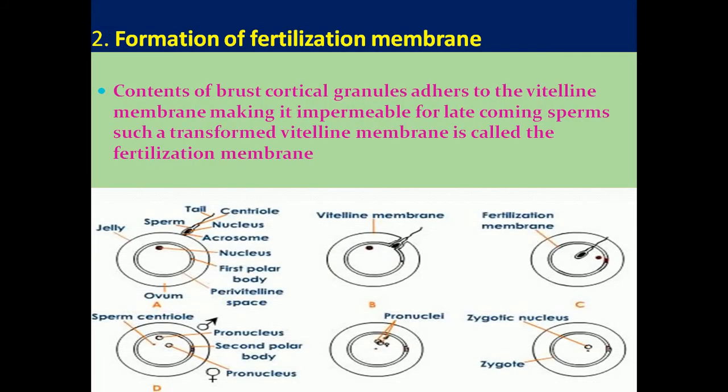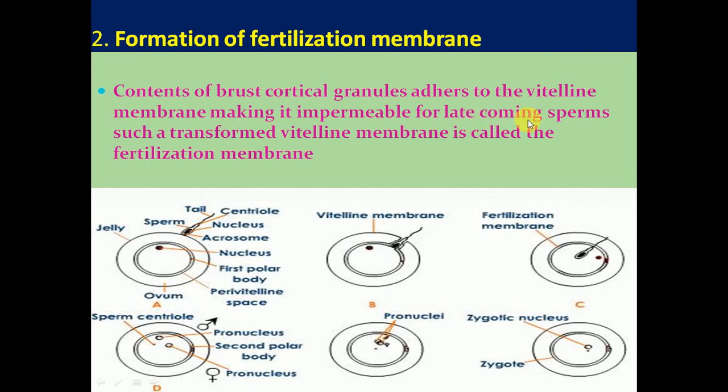Now the next change is the formation of the fertilization membrane. This membrane forms only when the sperm enters inside the ovum. When a chemical reaction occurs, the cortical granules burst, and the contents of these burst granules adhere, sticking to the vitelline membrane, making it impermeable to late-coming sperms.